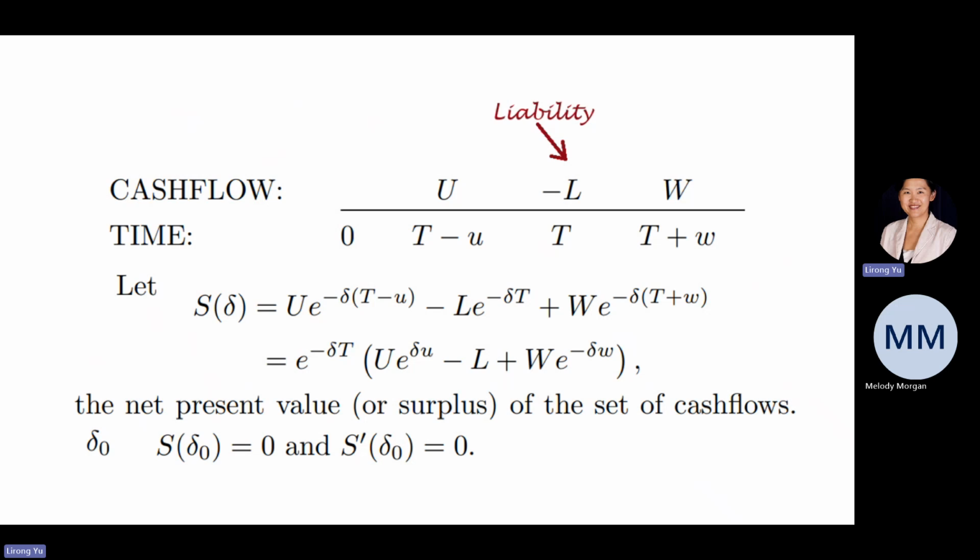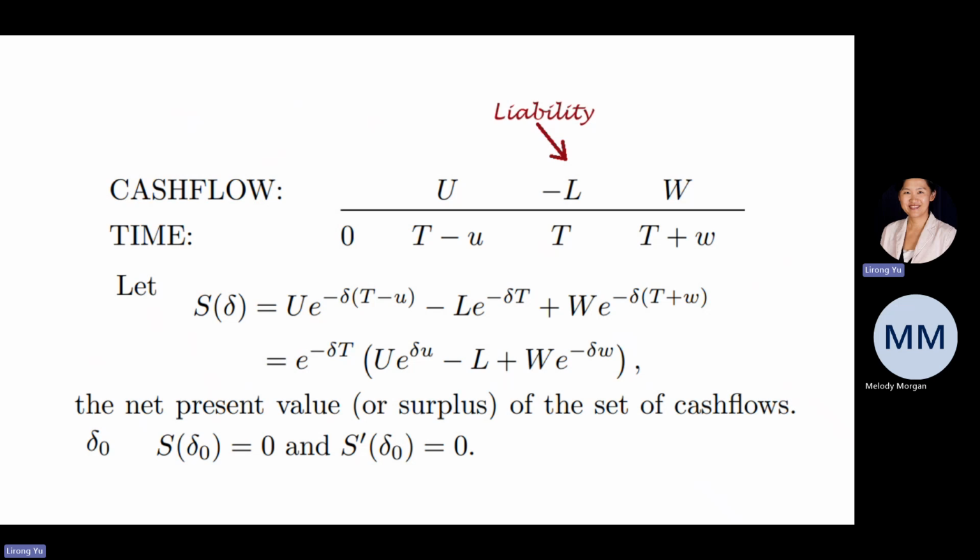Because e to the negative delta T is always positive, the only thing we should worry about is the value at time T. At time T, the liability is L, and the asset U has to grow to time T, so you have a larger factor, and then W has to be discounted, so W is multiplied by a number lower than 1. So that's the present value calculation part.